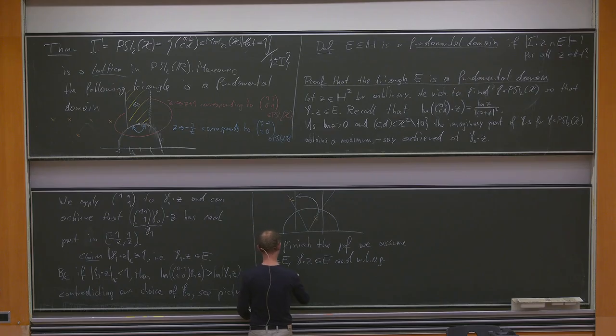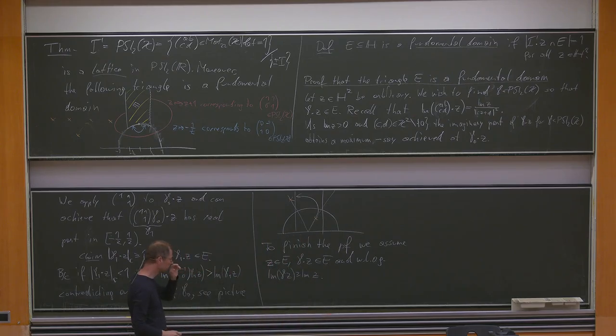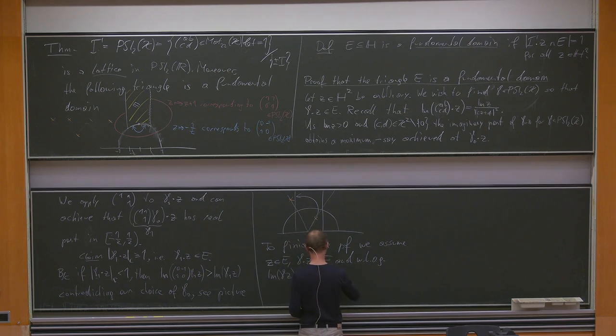Imaginary part of gamma Z is bigger or equal than the imaginary part of Z, of course, for gamma in PSL2Z.